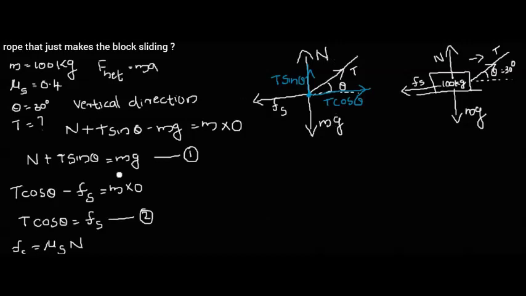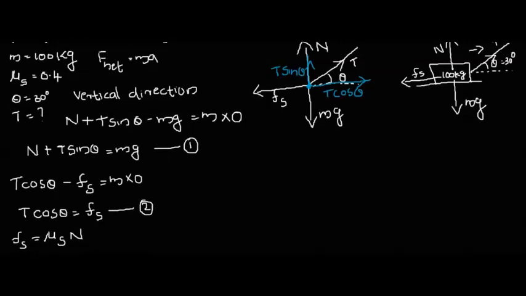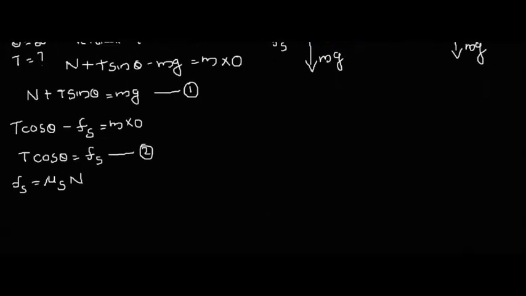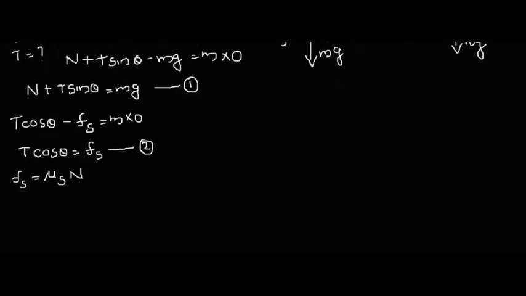So to get the value of N, we have to take equation number 1 and write an expression for N. From equation number 1, the normal reaction N is equal to mg minus T sin theta.